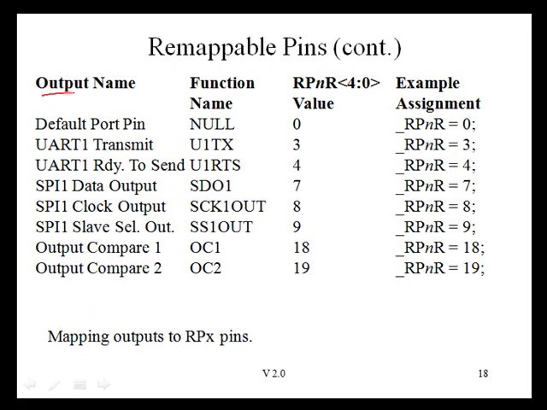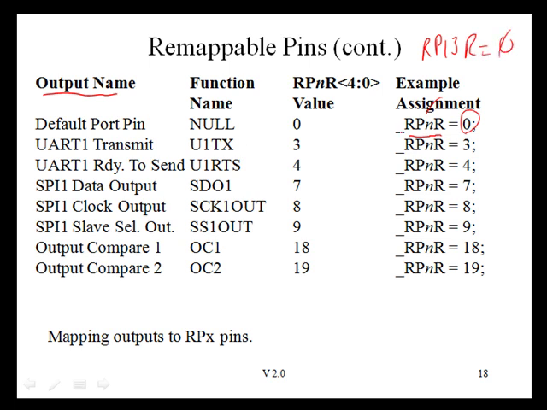Mapping an output on an internal module to a remappable pin is a somewhat reverse procedure. Each remappable pin has a field associated with it that, if you set it to a particular number, it will map it to some particular internal output. For example, this field right here is for RP13. If it's set to 0, that's the default value.